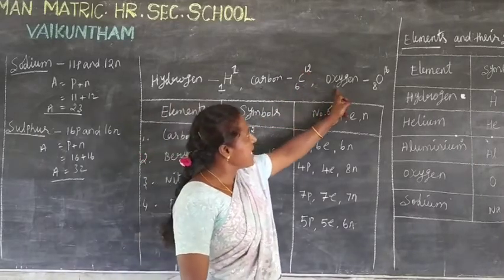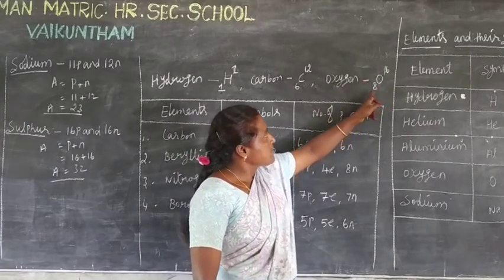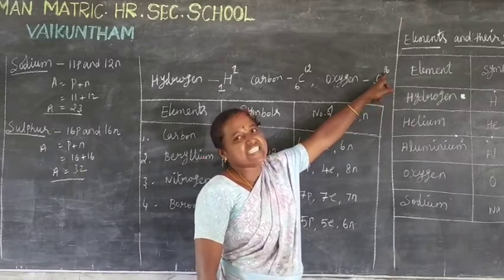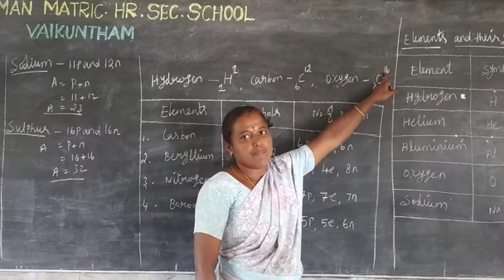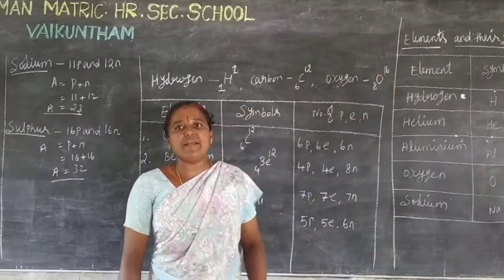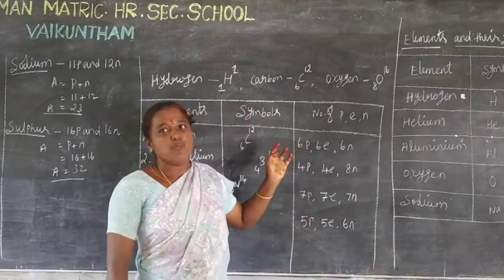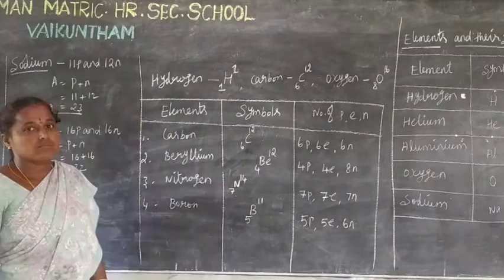Next one, oxygen, symbol for oxygen is O, subscript 8 is atomic number, superscript 16 is mass number or atomic mass.